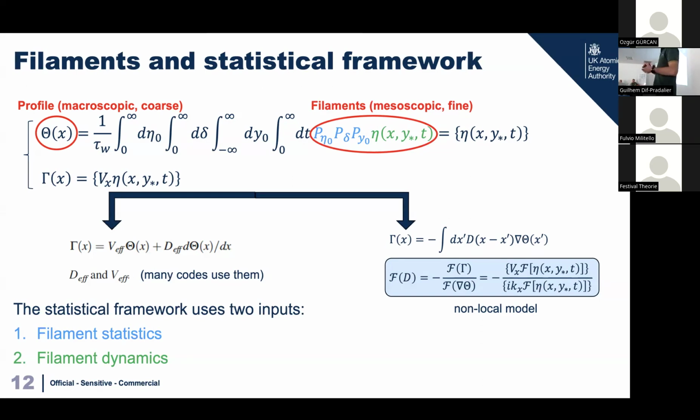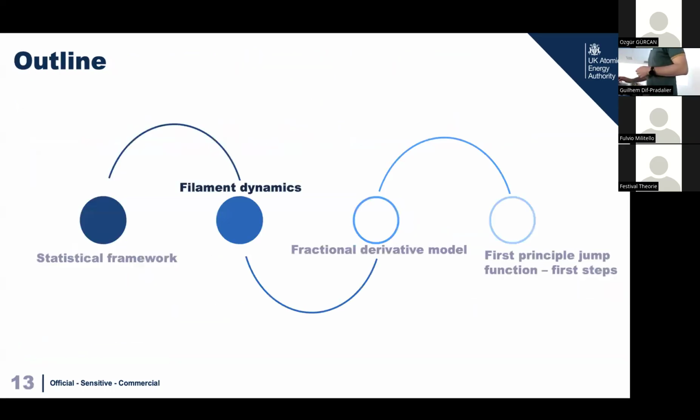Could be because of simulations that are looking at that specifically. But the interesting thing is that all these statistics is coming from the core. So I'm looking at the region outside the separatrix, and if I know how things are ejected, then I'm good. Then I can take the region from the separatrix to the wall, and I have all the information that I need. But I also need to understand the filament dynamics. So I'll talk about filament dynamics a little bit here.